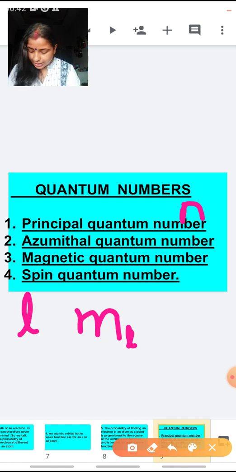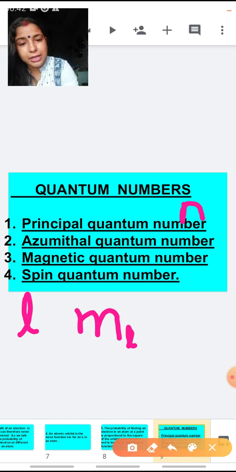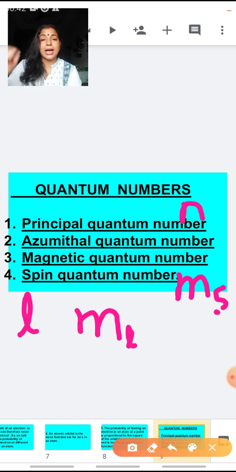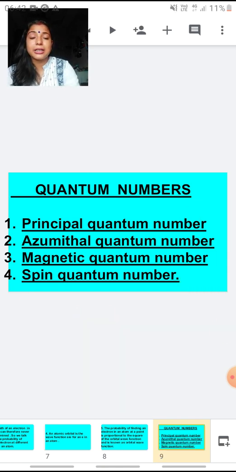And the fourth one, the spin quantum number, is denoted by again small m but a small s in the subscript. This is how the quantum numbers are denoted. Now what are quantum numbers telling? They are telling you about the address of the electron.